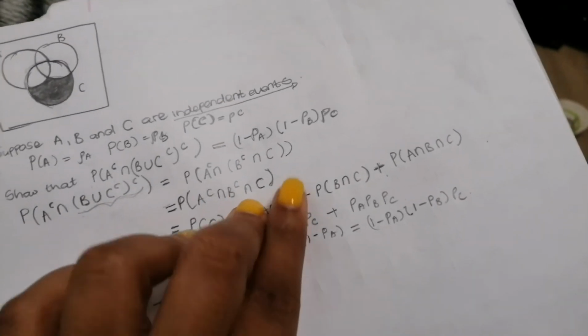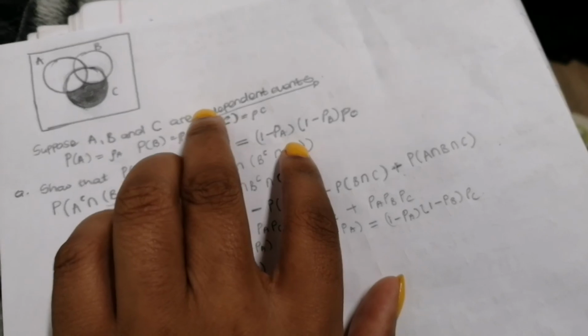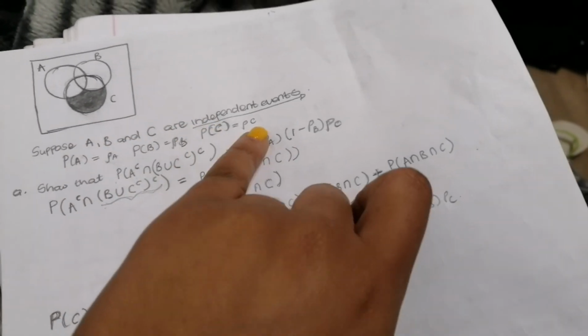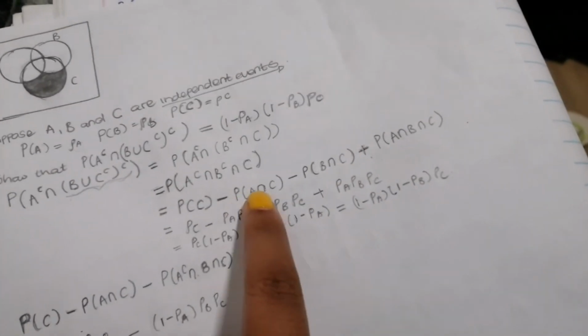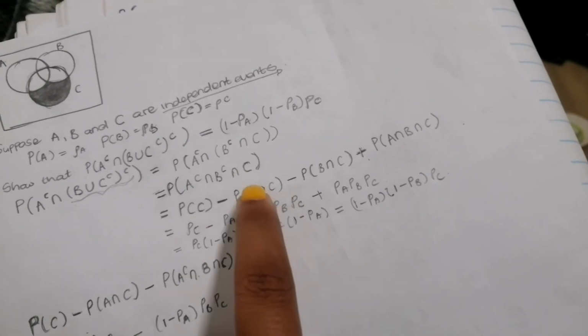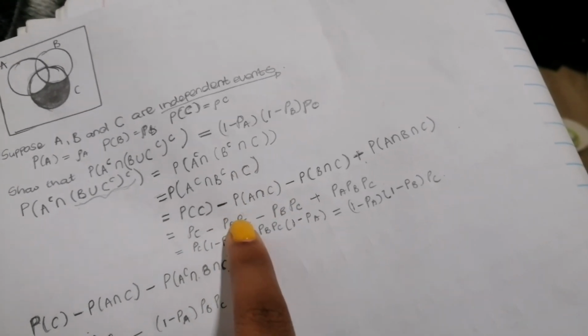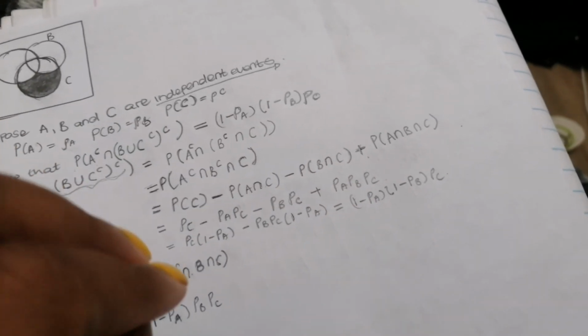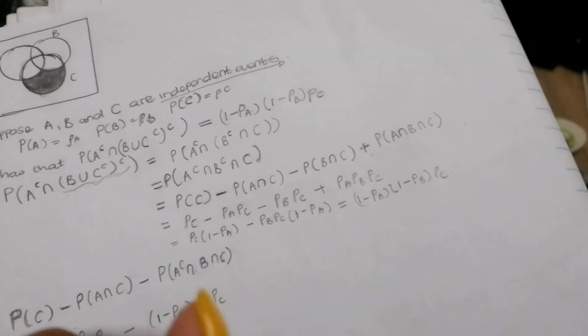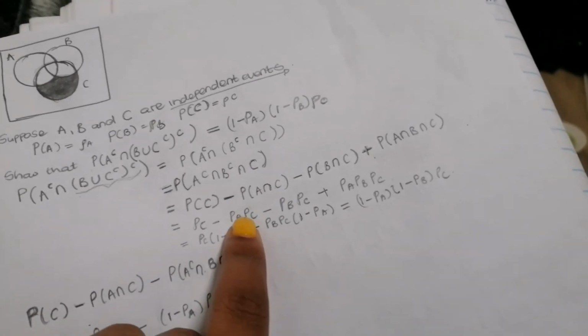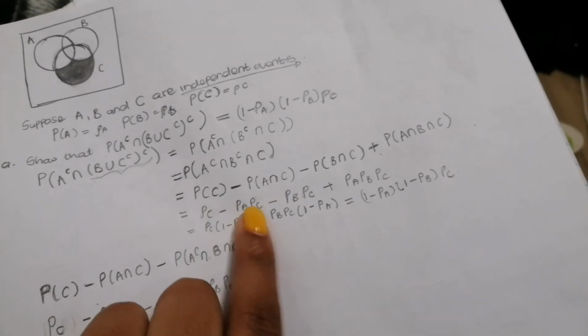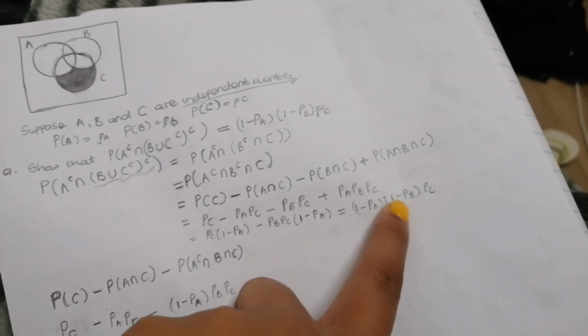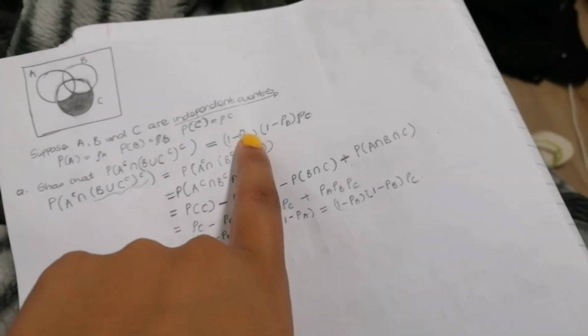So they also told you that A, B, C are independent events. So you know that this part will be the probability of A times the probability of C. If they were not independent, you know what the expression will be, right? Then you solve and show that that equals to this.